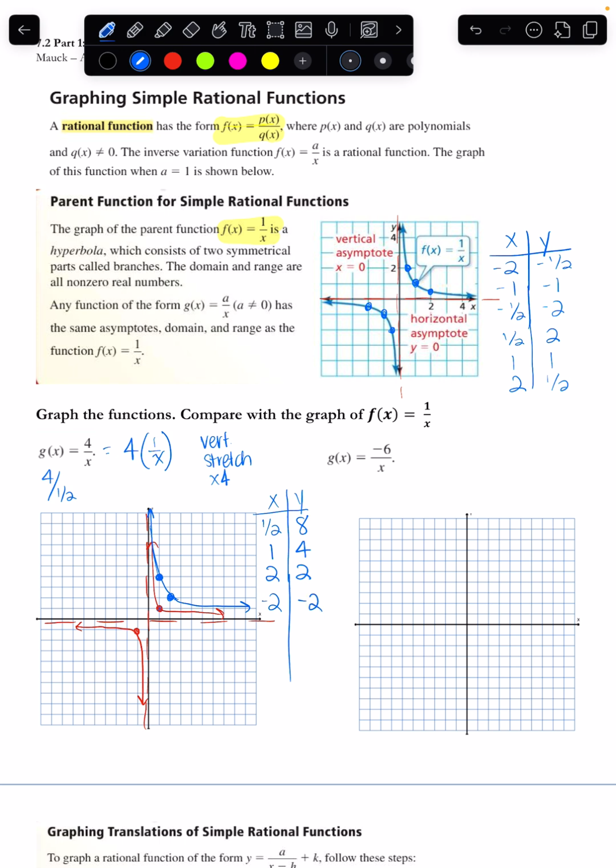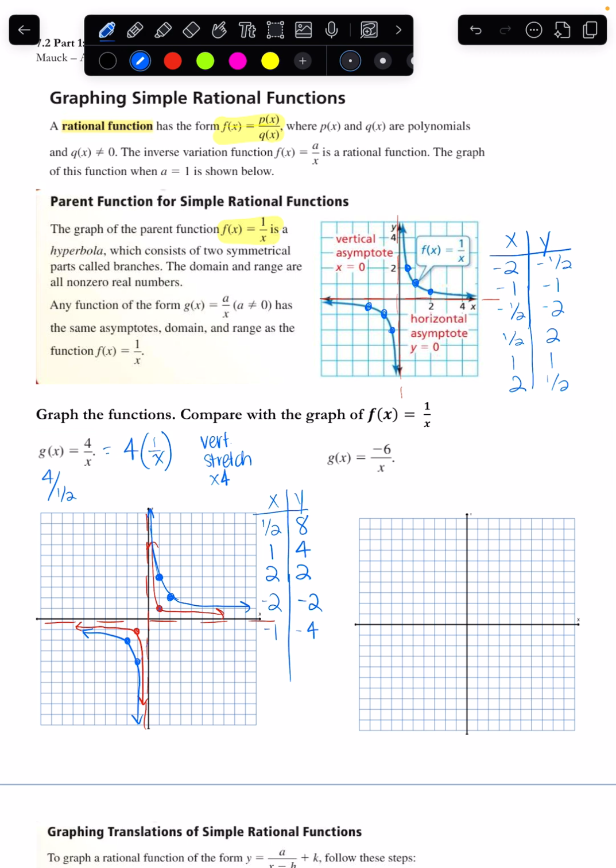If we put in our -1, we get a -4. So we'll go ahead and start graphing those. There's -2, -2, and -1, -4 is right here. So you can see that the same shape is happening. These are hard to draw because you have so many fraction coordinates, so that right there is enough.